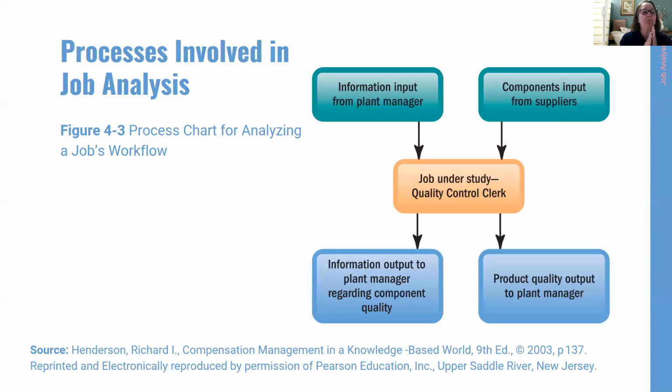So the process involved in job analysis. Job understudy. So the quality control clerk, for example, you're going to look at information input from the plant manager, components input from suppliers, information output to the plant manager regarding component quality, and product quality output to the plant manager.